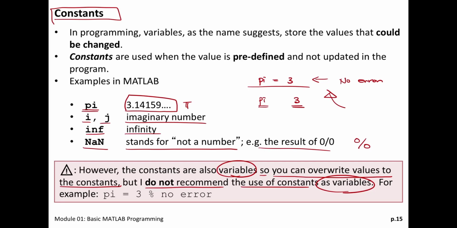Okay? That's why, i and j are common iterator variables in loop statements in most programming languages, Python and C, C++. i and j are common iterators. However, in MATLAB i is already used as a constant, as an imaginary number.